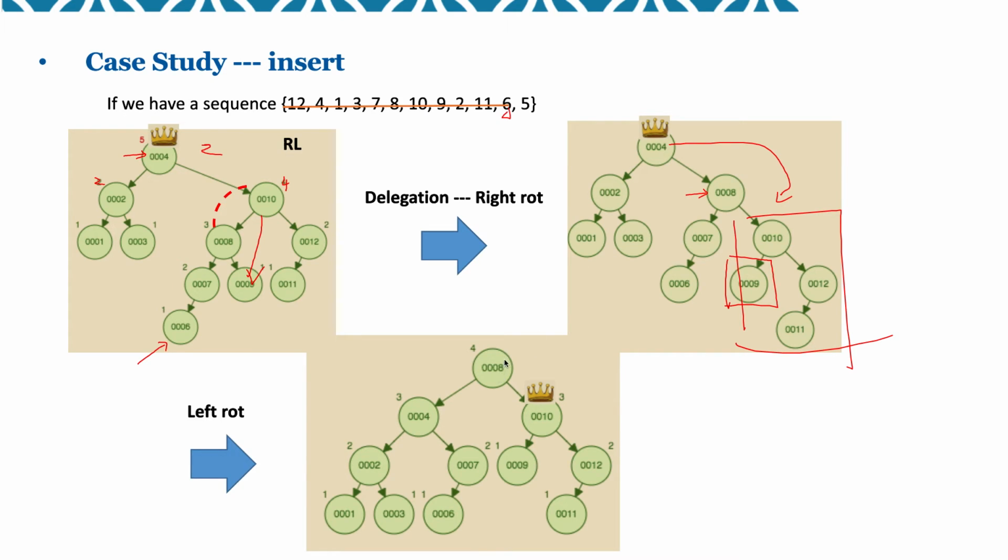So the number 8 node becomes the root, and the number 4 node will be attached as the left part of the number 8 node. So basically, you will take over the number 6 node, and the number 6 node will be attached to the number 4 node. You already saw that, right?